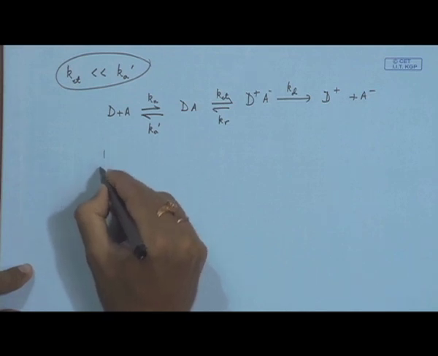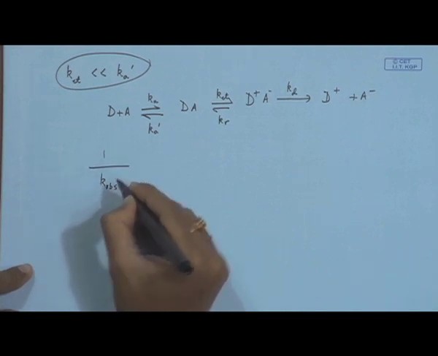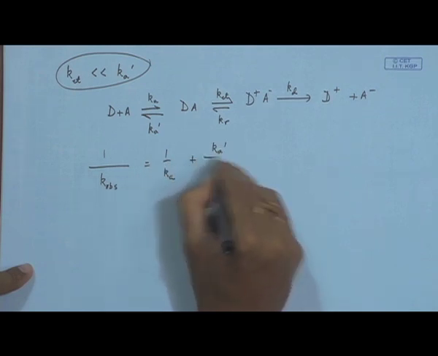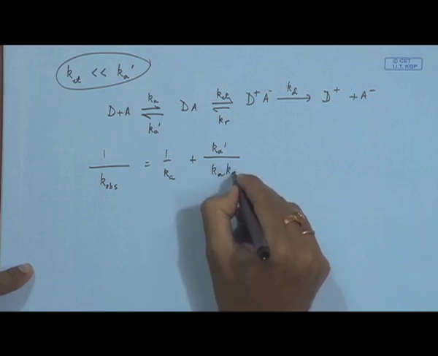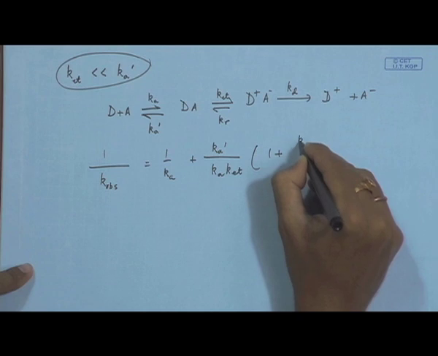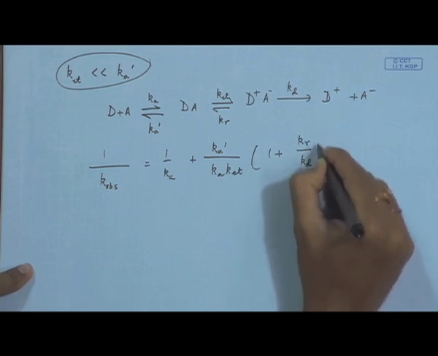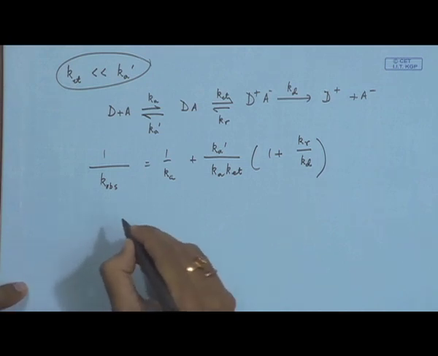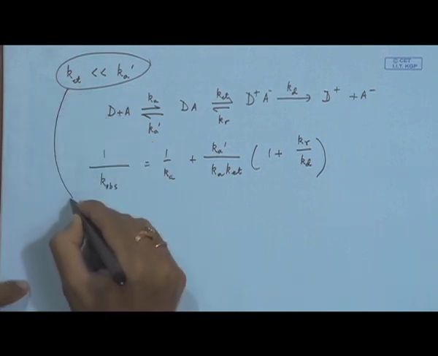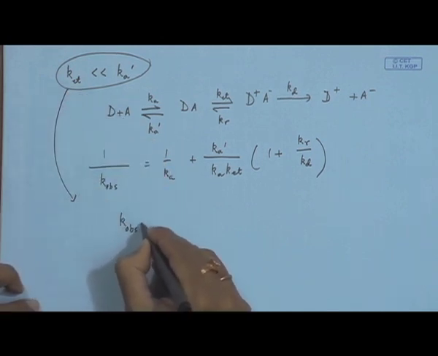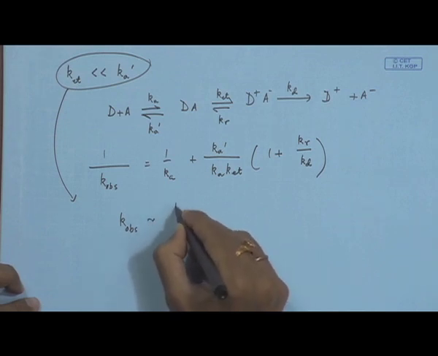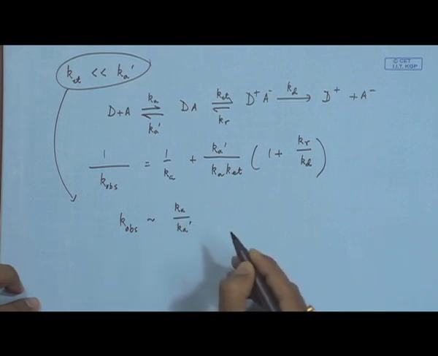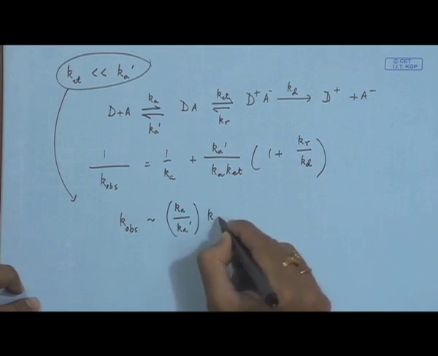Your original expression was 1 by K obs is equal to 1 by Ka plus Ka prime divided by Ka Ket times 1 plus Kr by Kd. So, K obs will become, in this case after applying this over here, K obs will become Ka by Ka prime into Ket.